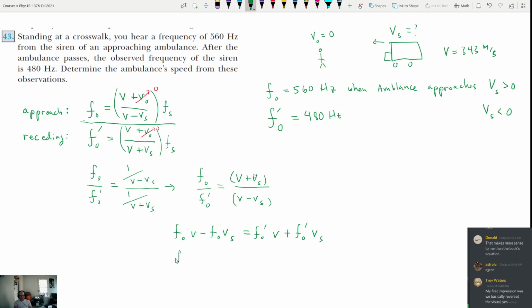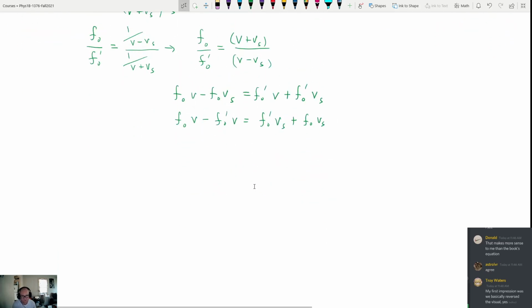So what we're going to get is FO V minus FO prime V equal to FO prime Vs, and then add this term plus FO Vs. We're solving for Vs, so we're going to factor that out of this side. So we'll have Vs times FO prime plus FO.